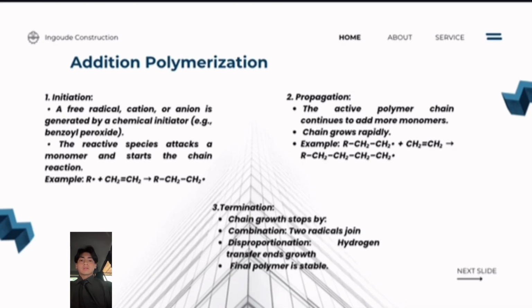Next is propagation, where the active polymer chain continues to add more monomers. The chain grows rapidly. Finally, termination occurs. Chain growth is stopped by combination or disproportionation. The final polymer is stable.